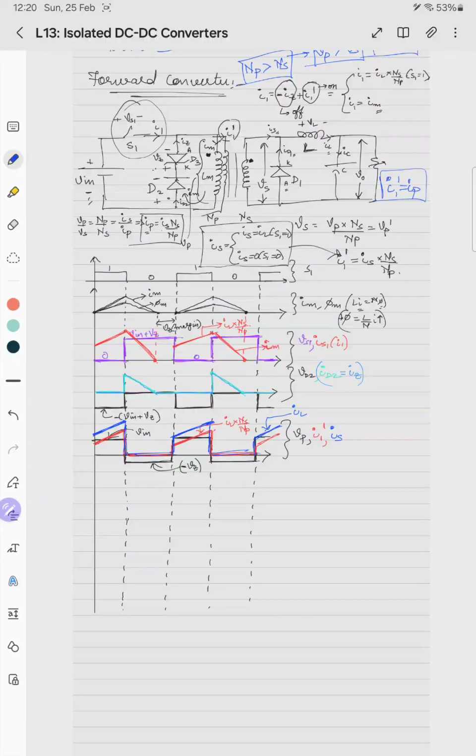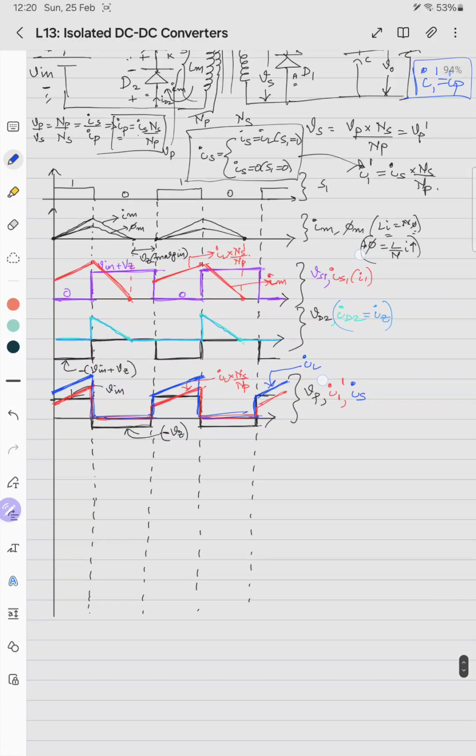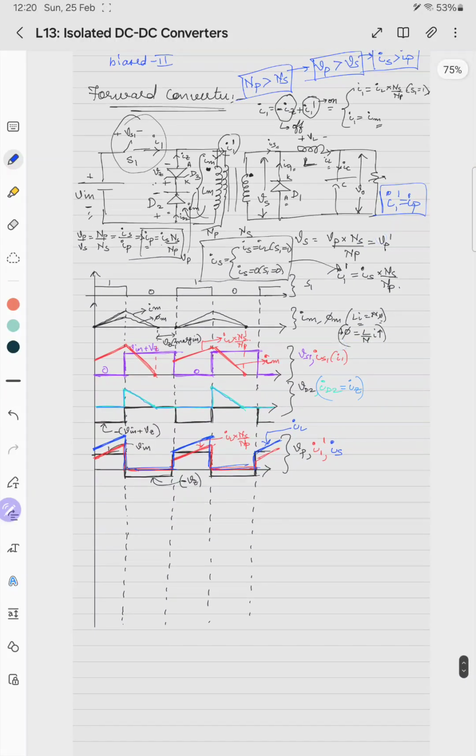So now I think the primary side is done. Now comes the secondary side. On the secondary side, VS is VP into, I think, VS1. IS is already done. VP is there. Now what is remaining?